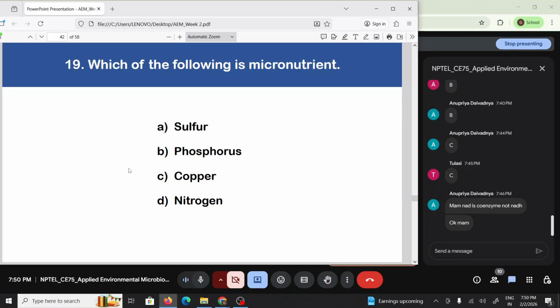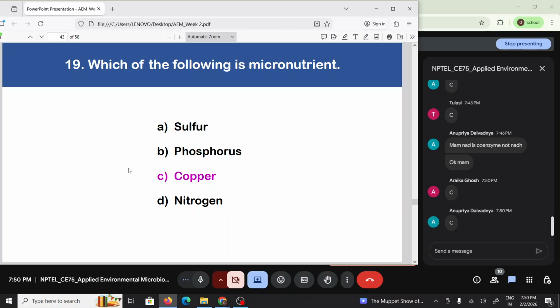Again, a very simple question: which of the following is a micronutrient? The right answer is copper is a micronutrient.